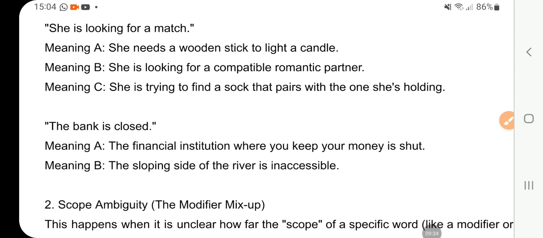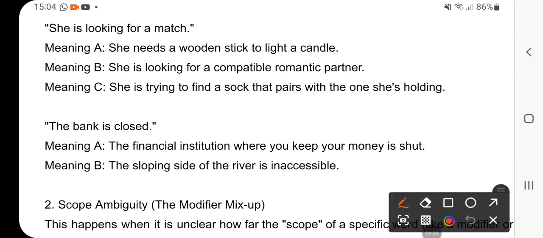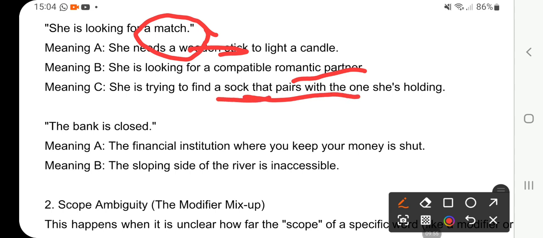So one word, match, creates problem and confusion, because it is not clear whether it is a stick, a wooden stick, or an alliance, a romantic partner, or a pair of socks, another fine sock that pairs with the one she's holding. You must have got this is also because of homonymy.